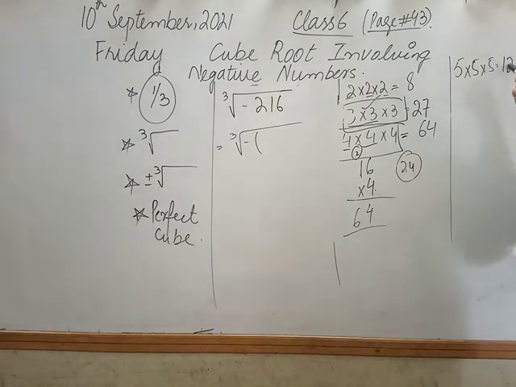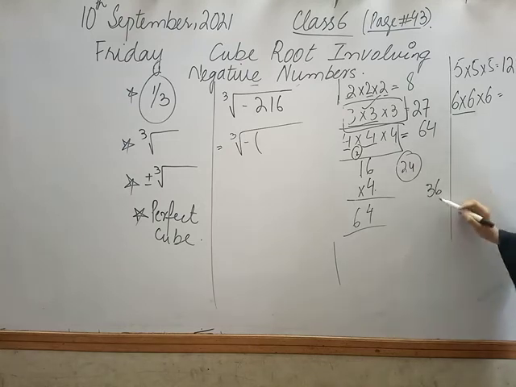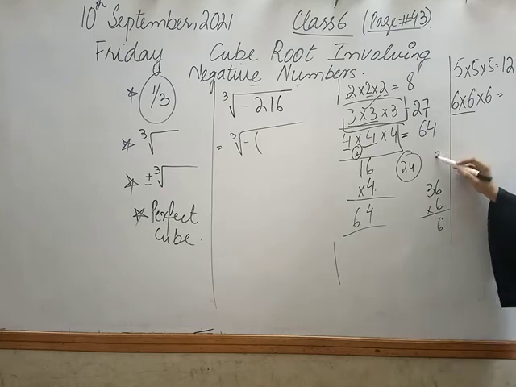Now, which is very far to 216. Now I am going to do 6 3 times. 6 into 6 is 36. Now 36 will be multiplied by 6, and we have in the end 6 6 times 36, 2-digit number.